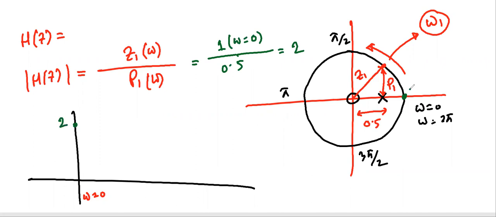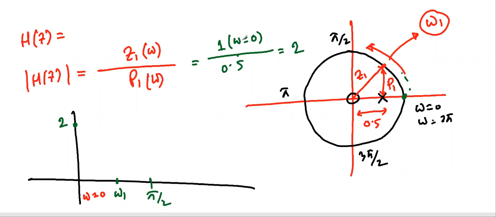When it is actually proceeding to some location like omega 1, let's say this is pi by 2. Here is omega 1. At omega 1, definitely the value of Z1 remains constant because it is always measured from the center.